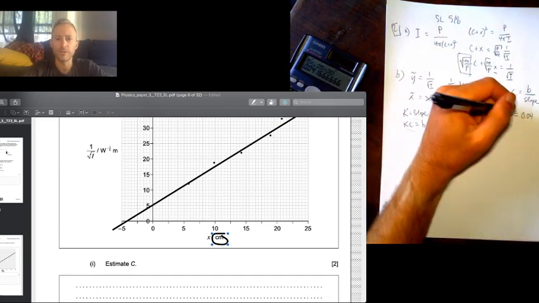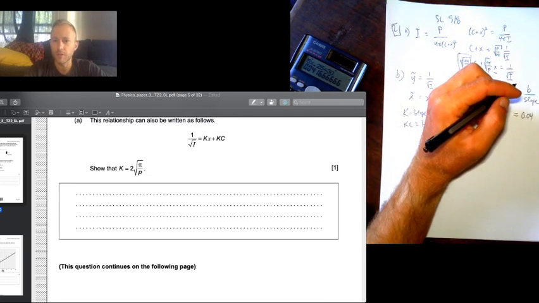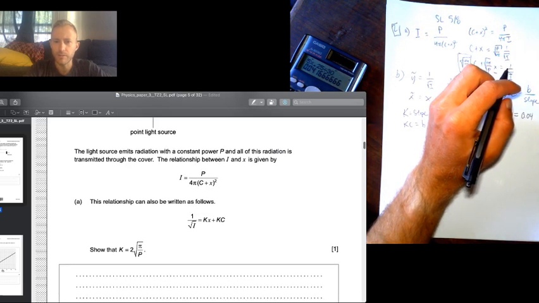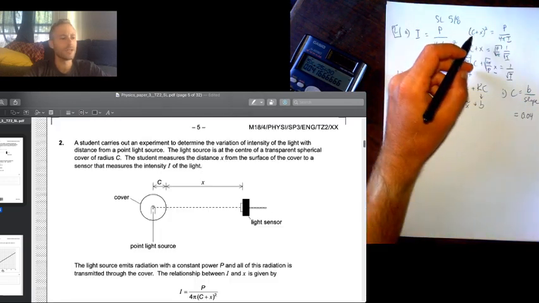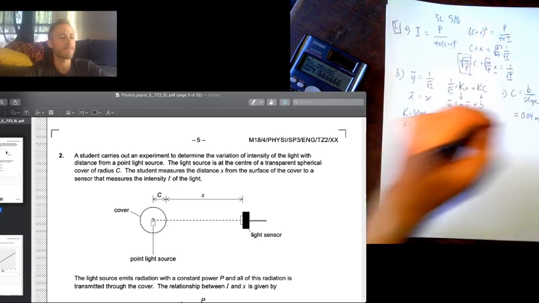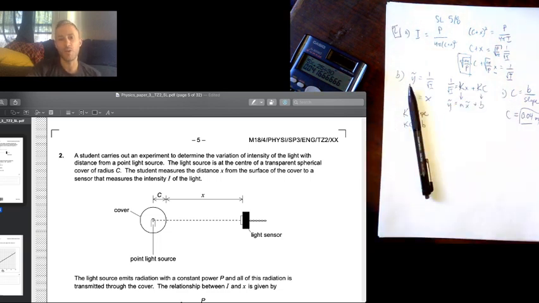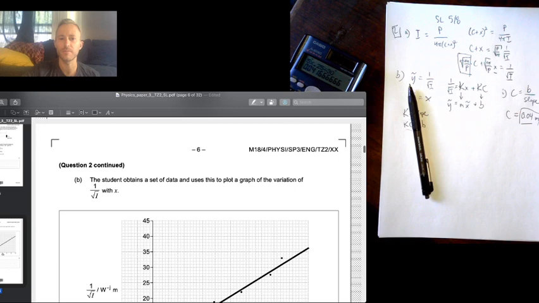And then the units, actually, the units of C is a distance, so wouldn't that be meters? Okay, so that is C. That's the radius of the cover. I don't know why you couldn't just measure that directly, but that's an easy measurement. You would just use calipers or something.